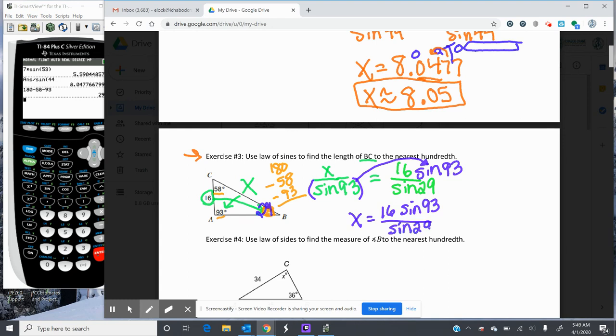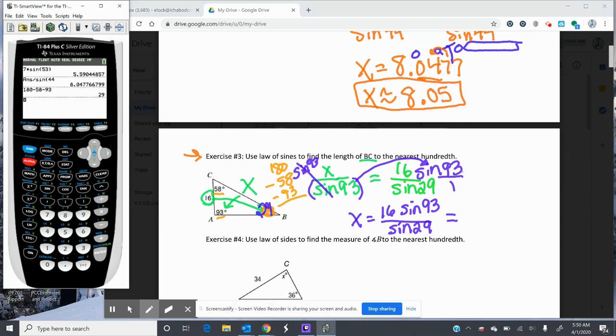Now the reason that happens is you can multiply both sides by that denominator to clear it out. So when I multiply this side by sine 93, that cancels. Then this fraction over here gets multiplied by sine 93. So here, I'm going to go back to my alpha y equals answer option. 16 sine 93. And then sine 29 goes in the denominator.